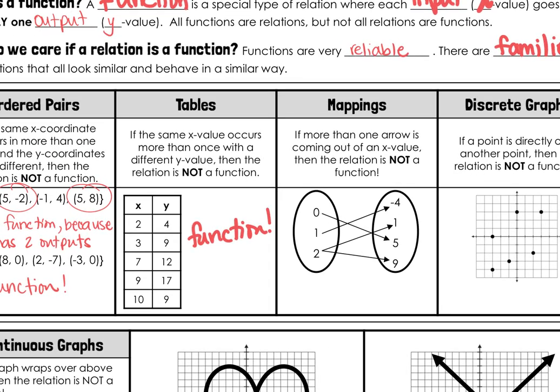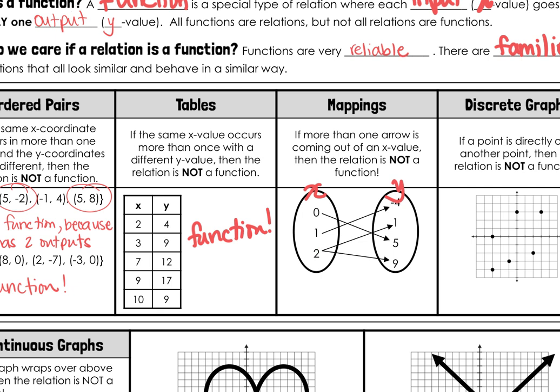Representation number 3 is this mapping diagram. And this mapping diagram, if you are unfamiliar, this first oval, that's the x. And then the second oval is the y. And these arrows are showing you this input value of 0 has an output value of 5. This input value of 1 has an output value of 4.